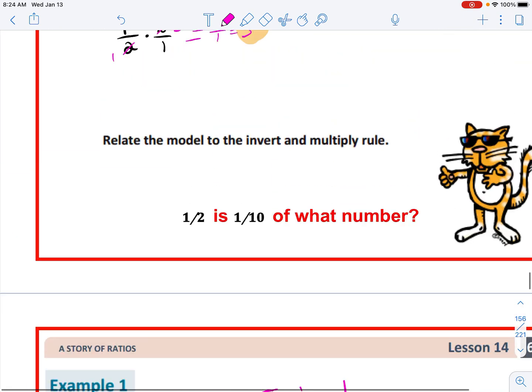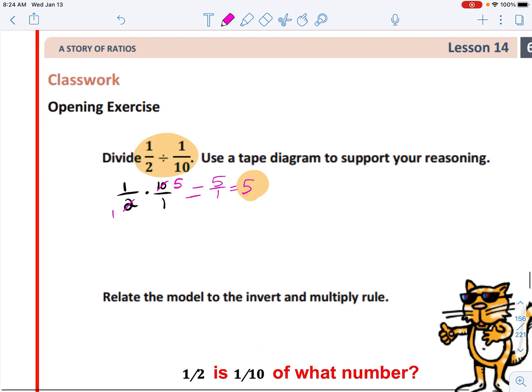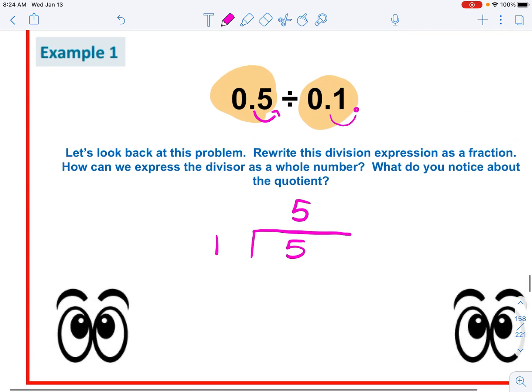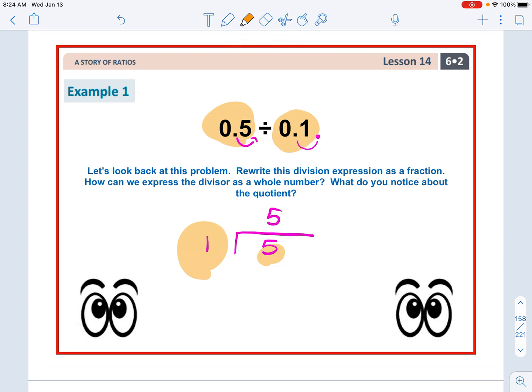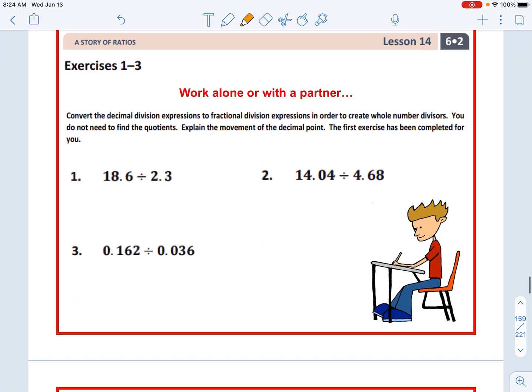Okay, so we get the same answer as we got when we divided fractions. Okay, and this was just a good example to show you what we need to do in order to divide numbers with decimals. Okay, remember you need to make the divisor, which is the number that's going into the number, a whole number before you can divide.